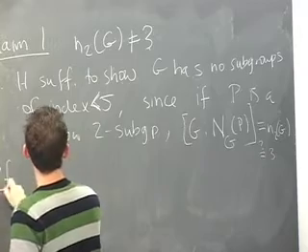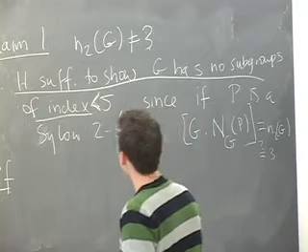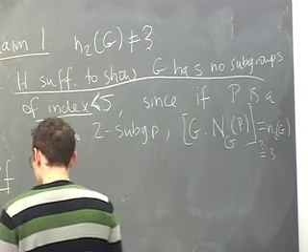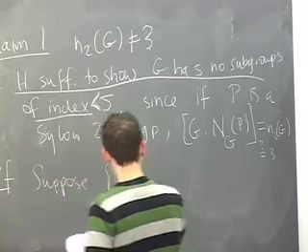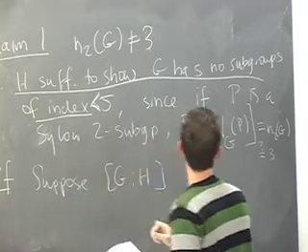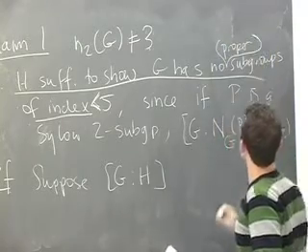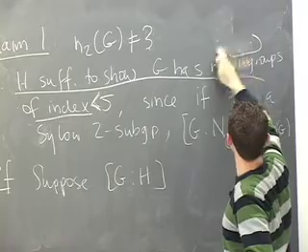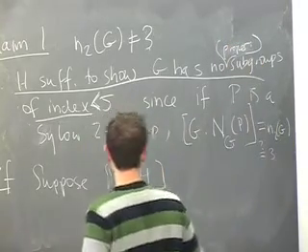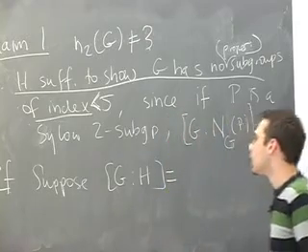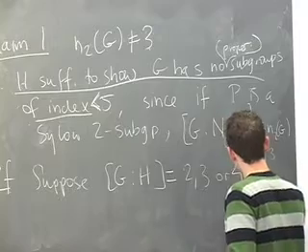So let's prove this part. Suppose we have a subgroup H, and I should also say proper, a proper subgroup. Suppose the index of H in G is 2, 3, or 4.